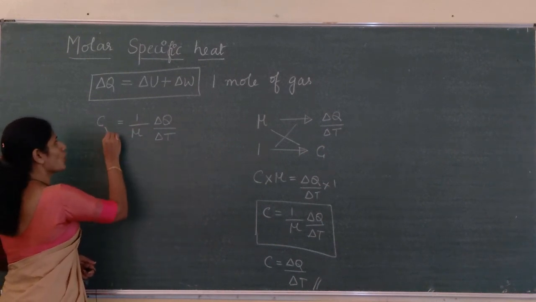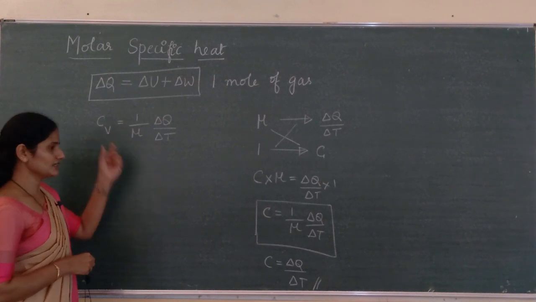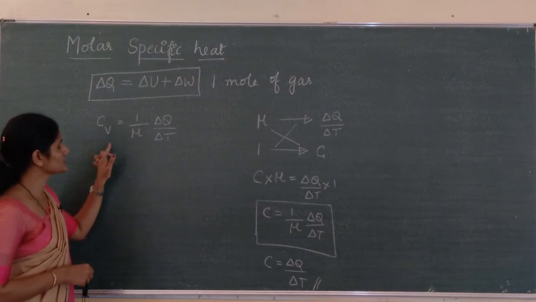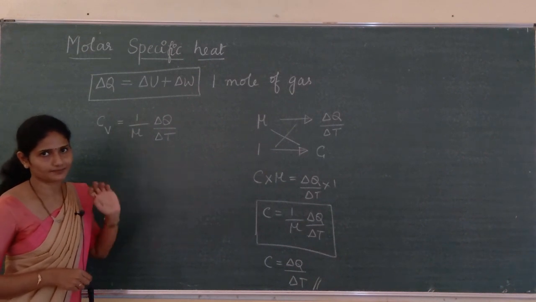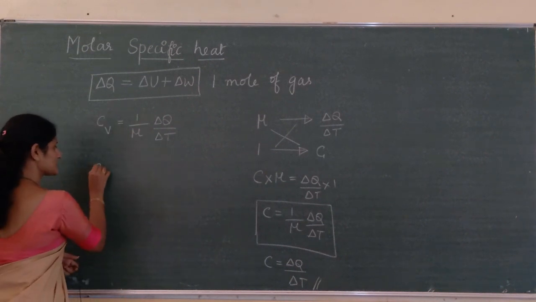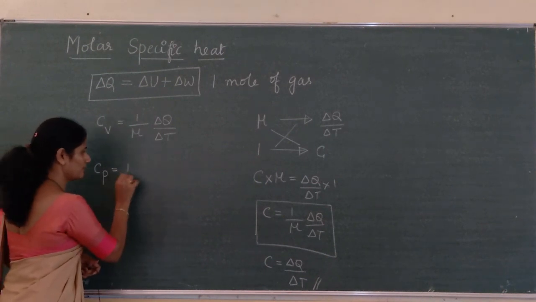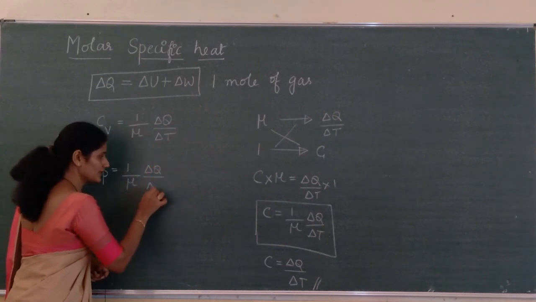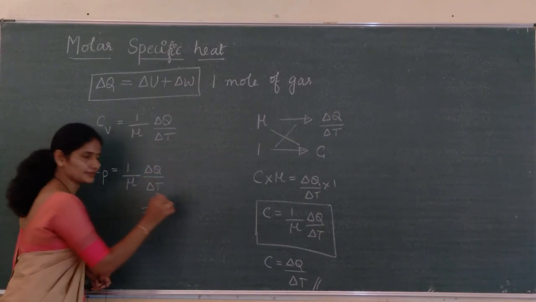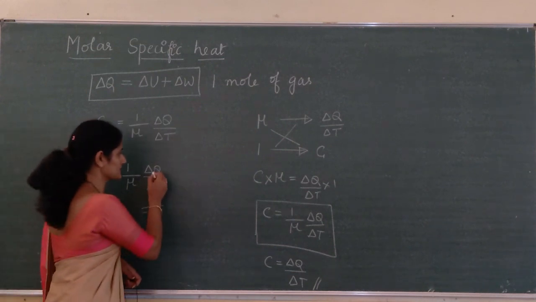So, at constant volume, this is the general expression, CV is equal to 1 by mu delta Q divided by delta T. Similarly, CP is equal to 1 by mu into delta Q divided by delta T. What is the SI unit of molar specific heat capacity?